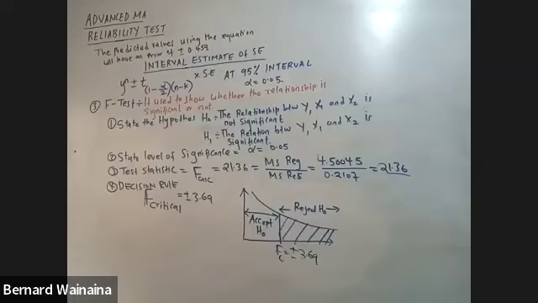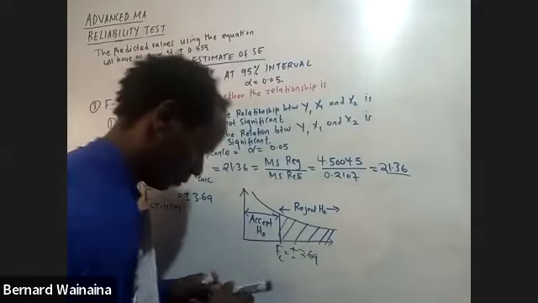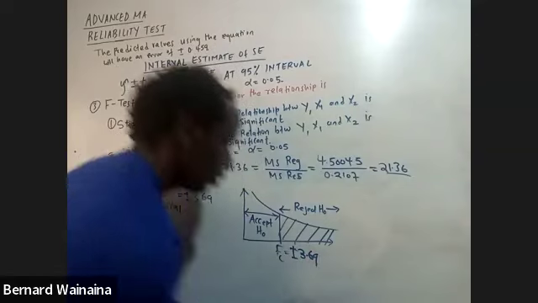Okay. So tunasema for us to make any decision, we need to compare this figure, plus or minus 3.69. Unaiona?